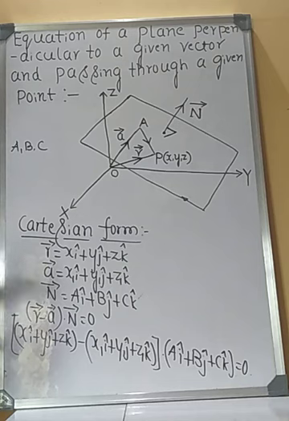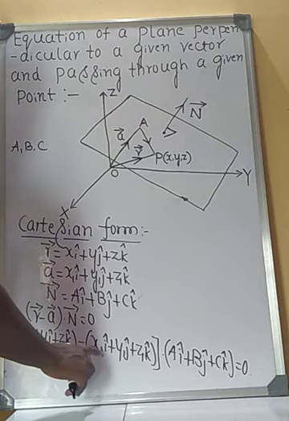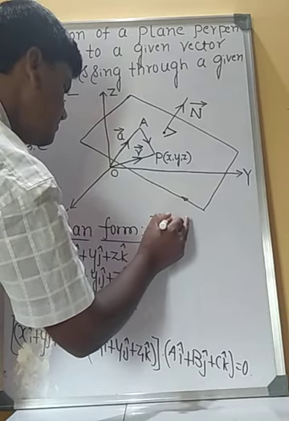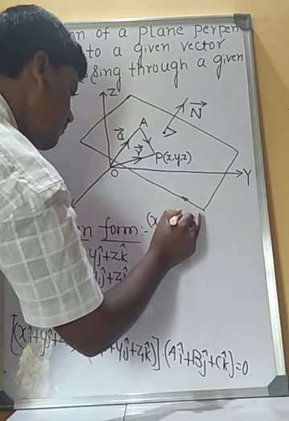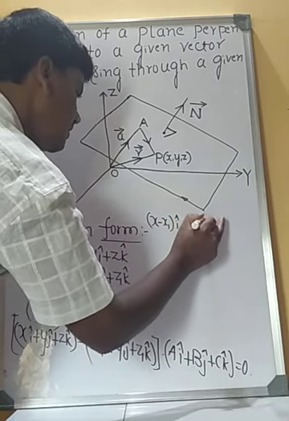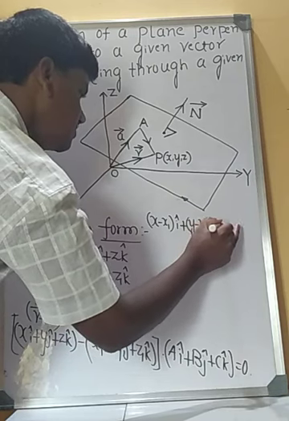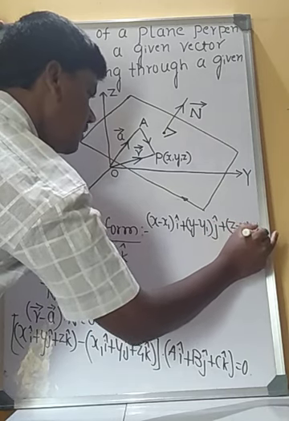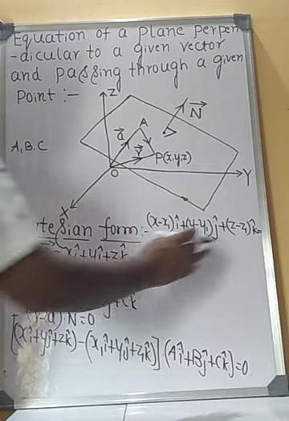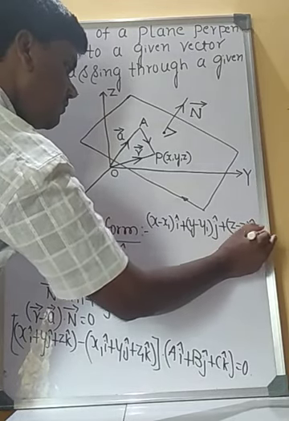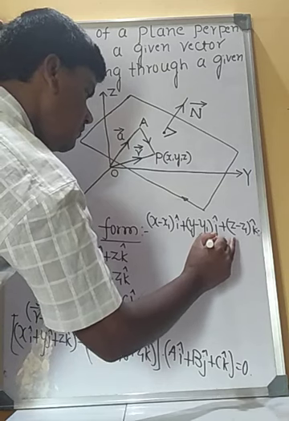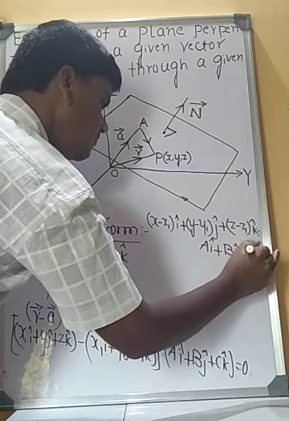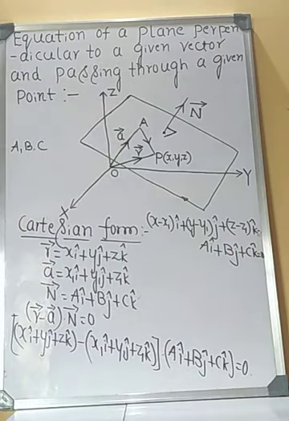Therefore, (x minus x1) i plus (y minus y1) j plus (z minus z1) k, dot ai plus bj plus ck, equal to 0.